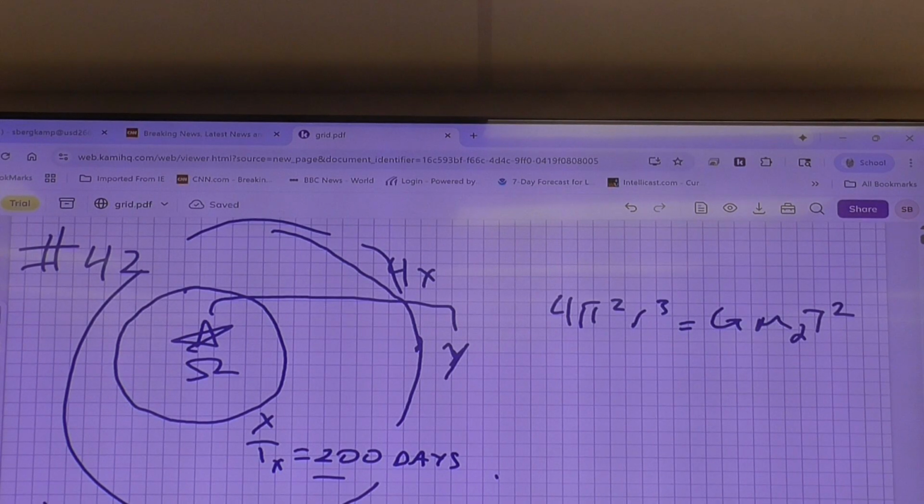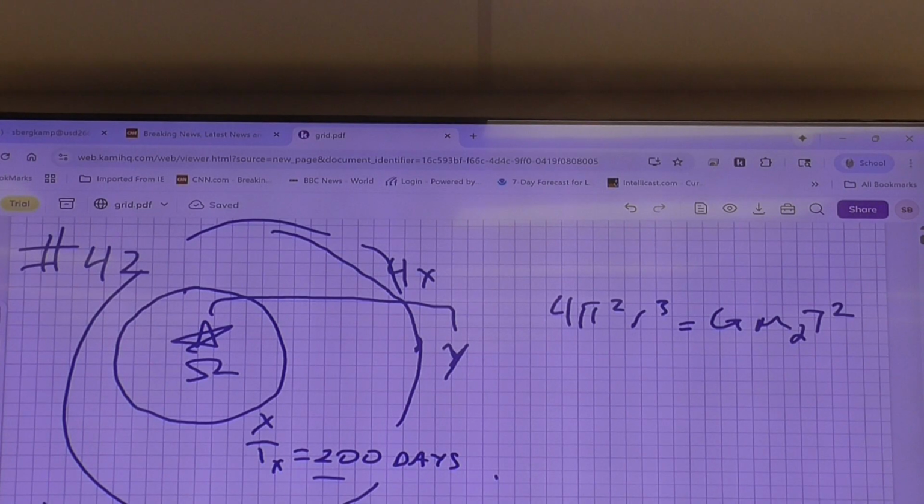So if this planet was 4 times further away, the period would have been 400 days. That would have been the easiest possible ratio. So if this radius is 4 times greater, the period would be 4 times longer, so the period would have been 800 days. That would have been the simplest possible ratio. Straight 1-to-1, not quite that complex, not quite that simple.